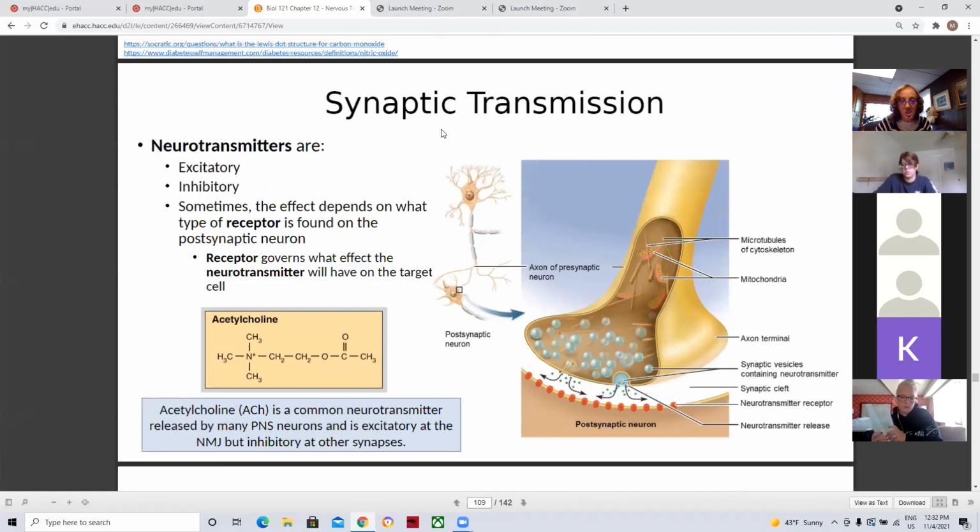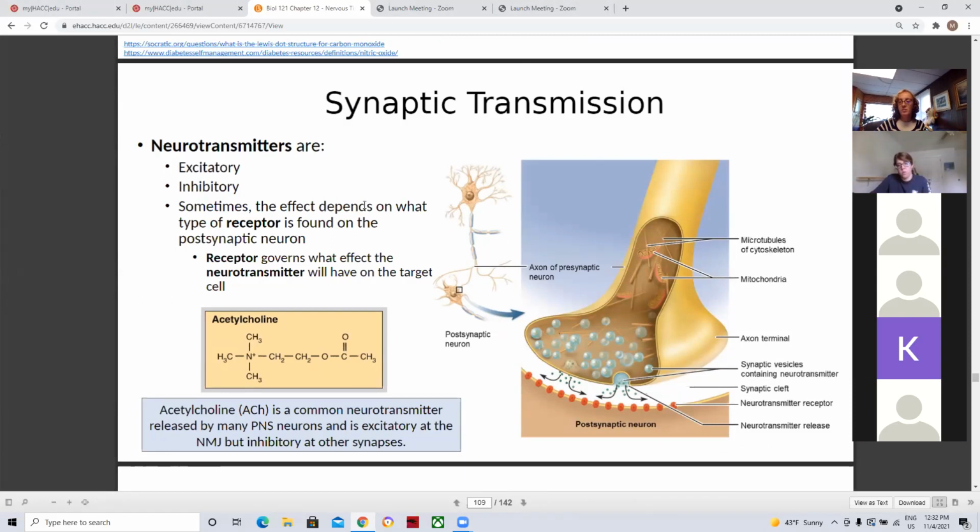Neurotransmitters can be excitatory, they can be inhibitory. It's not that one transmitter is always excitatory or always inhibitory. It's the receptor that they bind to that governs what the effect is going to be.